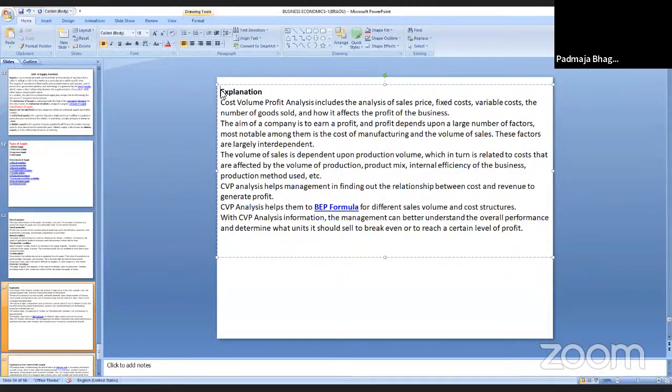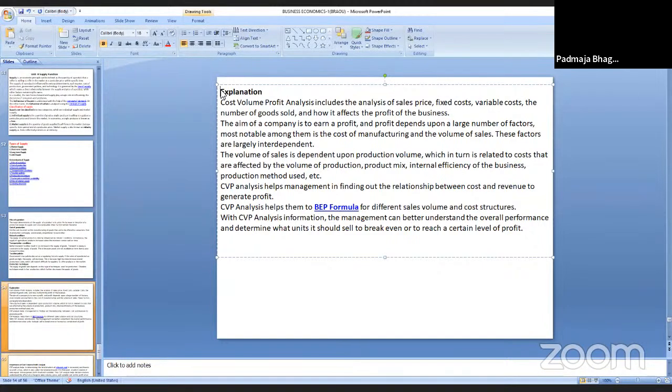With CVP analysis information, the management can better understand the overall performance with the determinants. That should always be the level of profits. We should not only break even, but reach a certain level of profits.